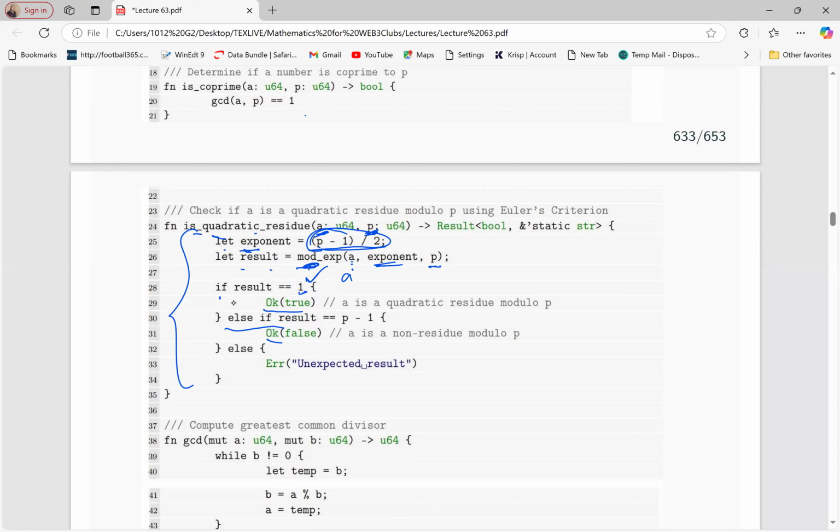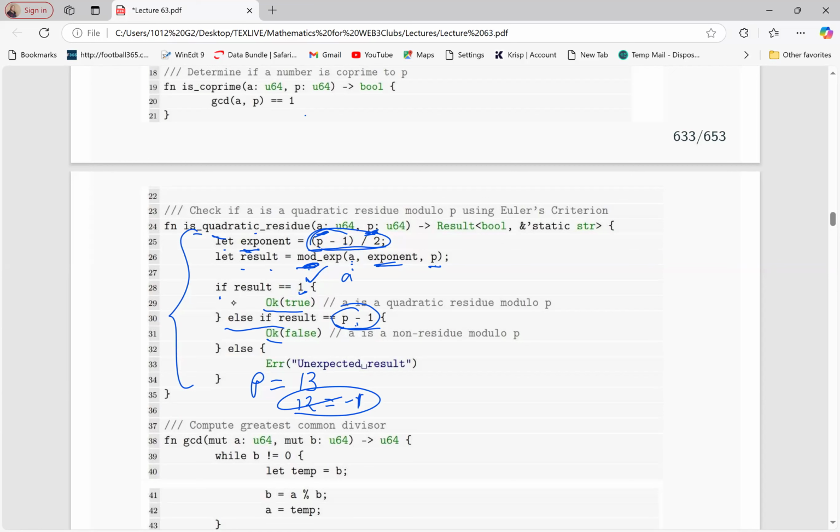And if the answer is not, look at this, this is -1. Why it says -1 is because, for instance, supposing our P is 13, when we say P minus 1, we mean 12. And 12 is -1. They mean the same thing.